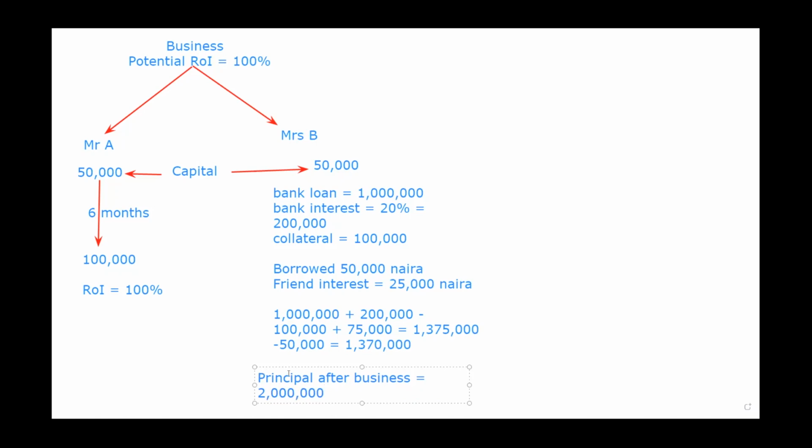So that's how much he has after business. Okay, but he needs to remove how much? You need to repay, you need to pay those debts. So if he does that, how much does he have left? He's going to have 630,000 naira. That's how much he's going to have left.